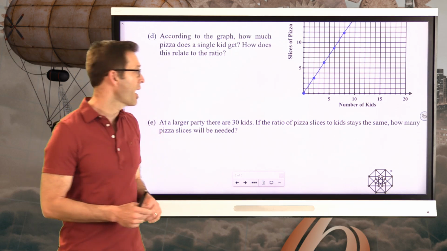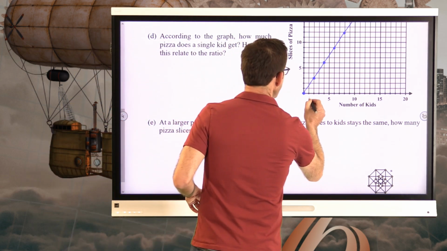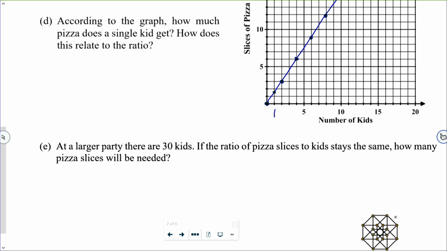Okay, so what do we have? Well, one kid, if we look very, very closely, gets 1.5 pizza slices. Now, how does this relate to the ratio?